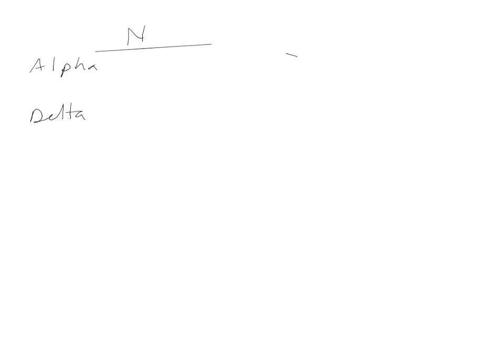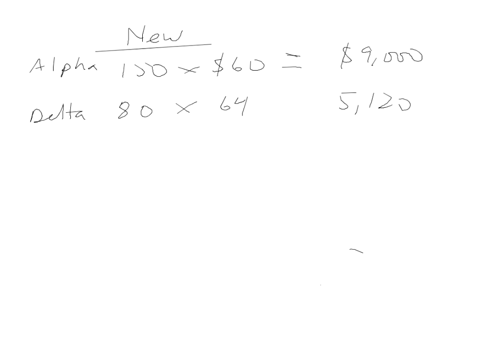Now, under the new production schedule, we're still making alphas and deltas, but now we're going to make 150 of alphas, and we're going to make only 80 of deltas. So now when we do this math, 150 times 60, that's $9,000, and 80 times $64, that's 5,120.